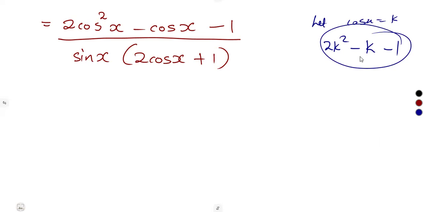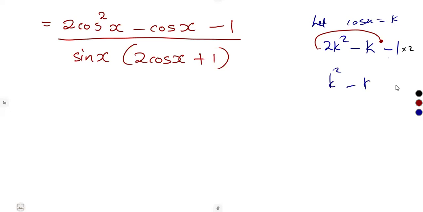If you understand that way, you factorize this. Guys, you know your factorization, the same way that you're doing it using the concept of the steal method that I explained. 2 times negative 1 is going to be negative 2. So we are going to have k squared minus k minus 2. Then factorize, guys. Just do your normal way, the way that you are used to.